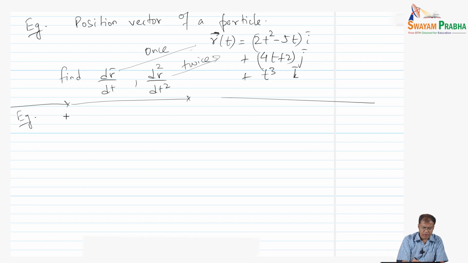So suppose I am given a vector a, which is a function of the scalar t, a of t, and the next vector b is a constant vector.